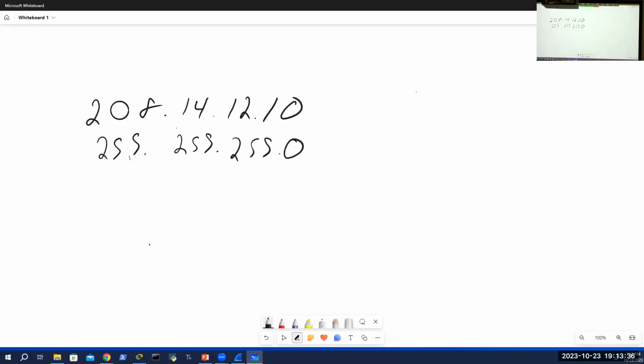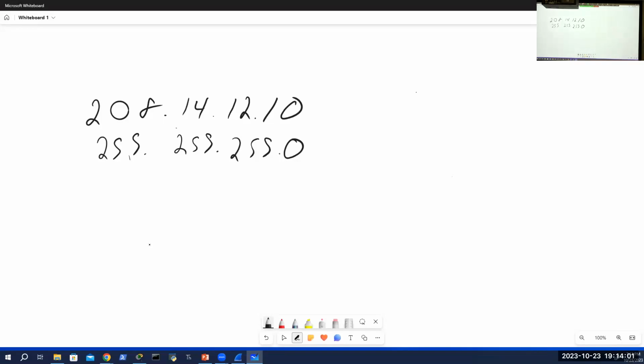Okay, so that's the first thing: when I first asked the question, somebody should have come up and said you can't answer the question, because the only way you know what the network ID is is if you have the subnet mask. That's right. And hopefully you learn that just because it's a Class C, well, that's the default subnet mask.